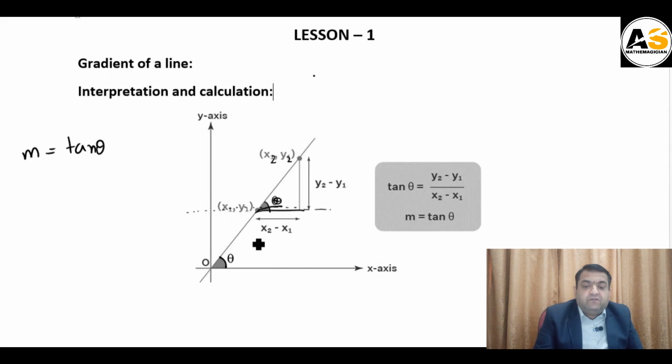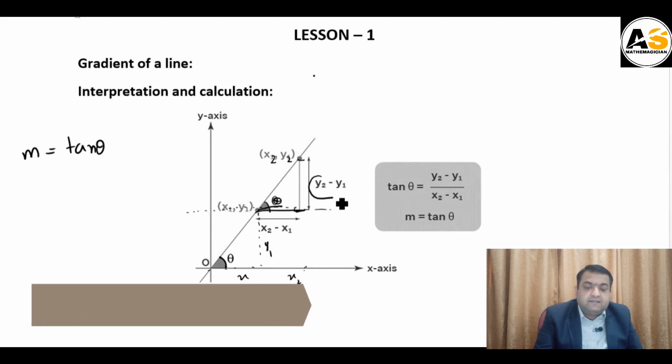What are the coordinates of this point? x1, y1. So what will be this distance? This is x1. What will be this distance? This is y1. And similarly, this distance is x2, and this one is y2. This is y2, this is y1. So what is this distance? This is y2 minus y1.